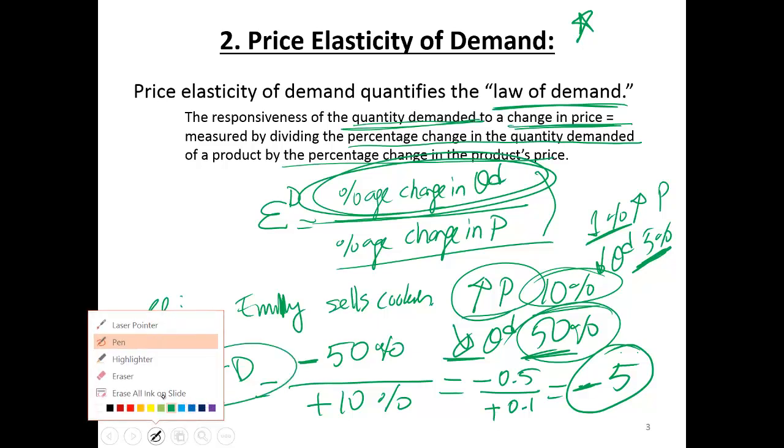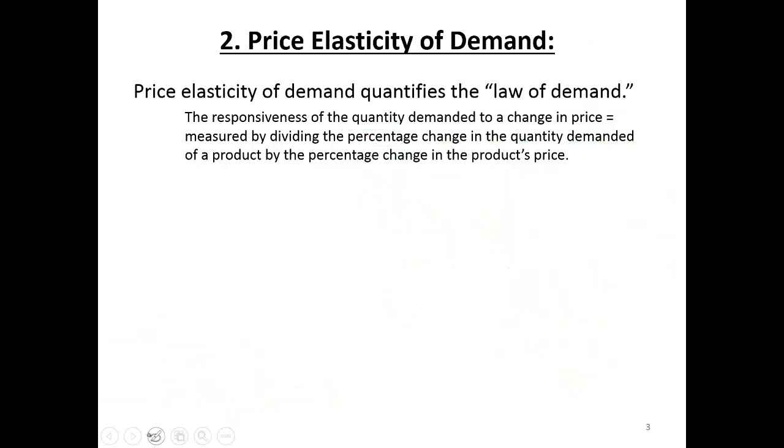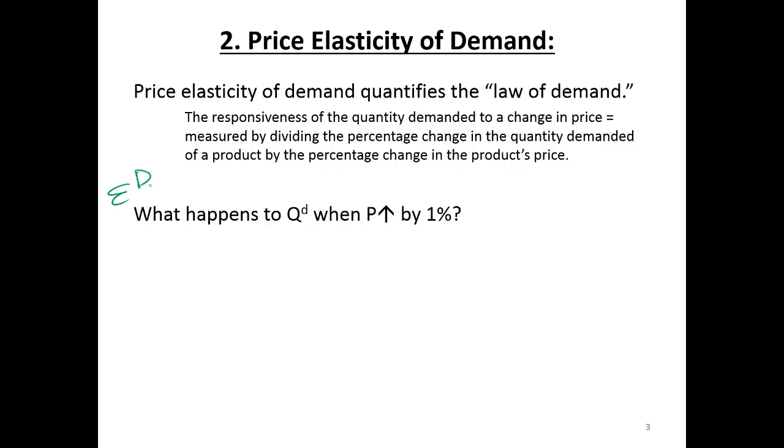So what happens, I'm going to get rid of all of these, you have to calculate it. You're going to use the following formula, and price elasticity of demand tells you what happens to quantity demanded when price goes up by 1 percentage point.